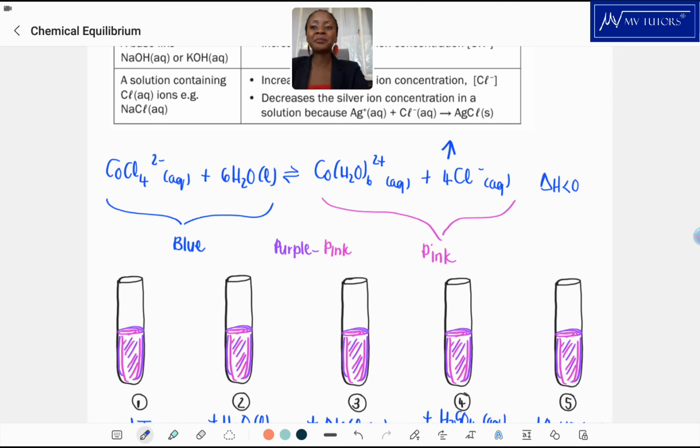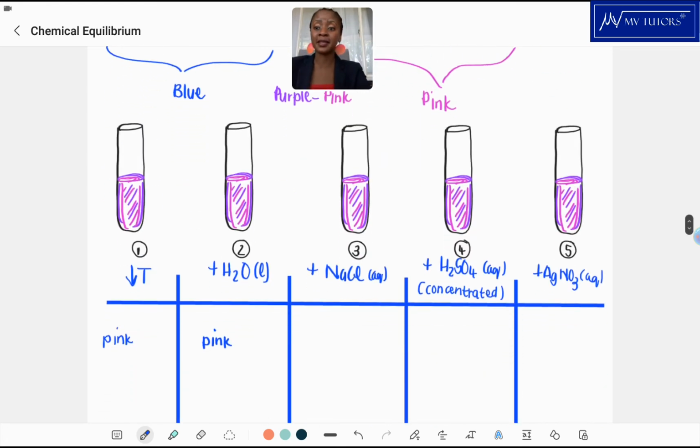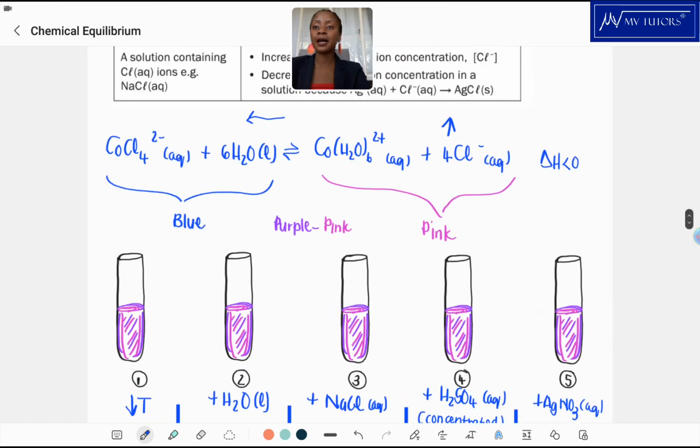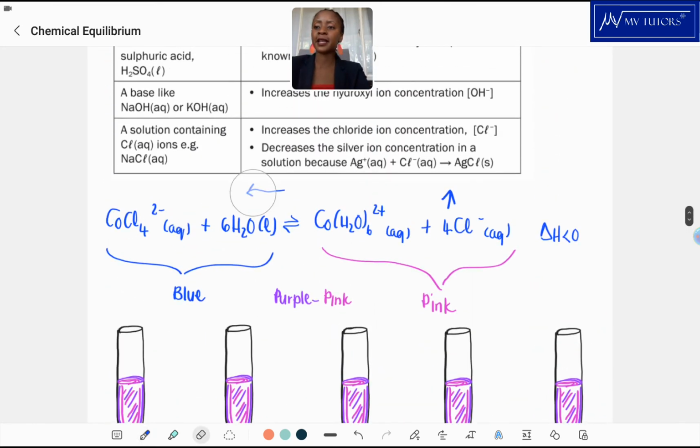Le Chatelier says that if you increase the product side, the system has to respond to balance things out. So your reaction will be reverse favored; it will favor the reactants. So it will turn blue by adding sodium chloride, because chloride ions are the common ion, and that's the effect it has.